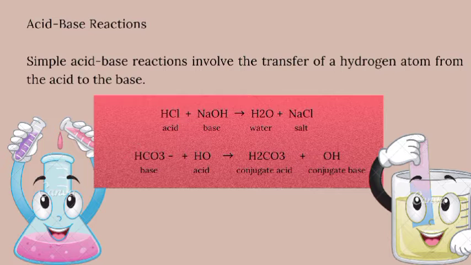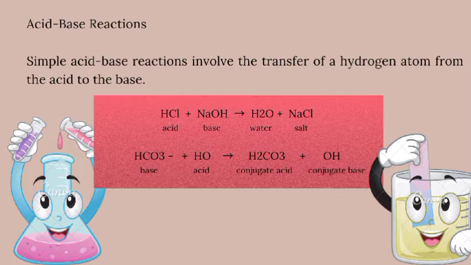Example, HCl plus NaOH goes to H2O plus NaCl, where HCl is the acid, NaOH is the base, H2O is water, and NaCl is salt.